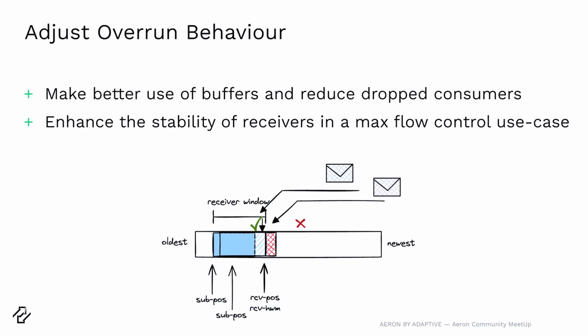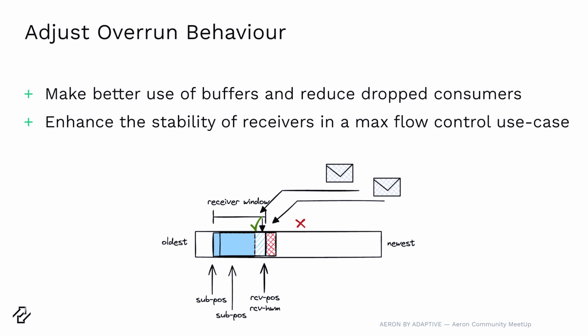In the scenario where they fall behind for just a blip, it takes a bit longer to process a few messages and there's a burst of traffic received, it's quite easy to receive data packets that go beyond the receiver window, before those overruns, and there's space to put them in the buffer. So we're making more use. What would happen before is you would get an overrun, the counter would bump, you would see that data basically dropped, and ultimately the subscriber would have to NAK and get a retransmit.